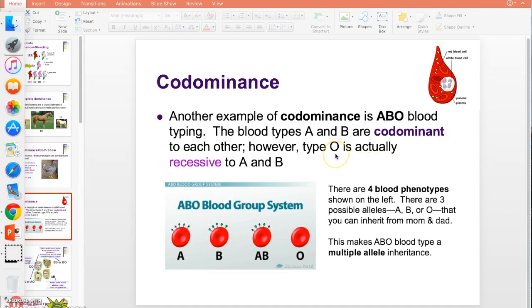Type O is recessive to A and B. Because there are 3 choices for the alleles for blood, meaning you could get an A, you could get a B, or you could get an O, this also makes ABO blood type a type of multiple allele inheritance. Always remember, you only get to inherit 2 out of the 3 alleles.